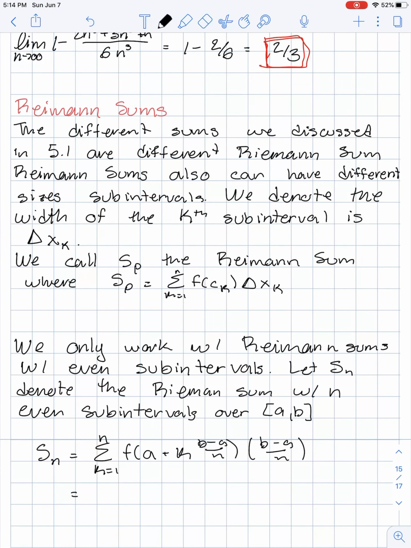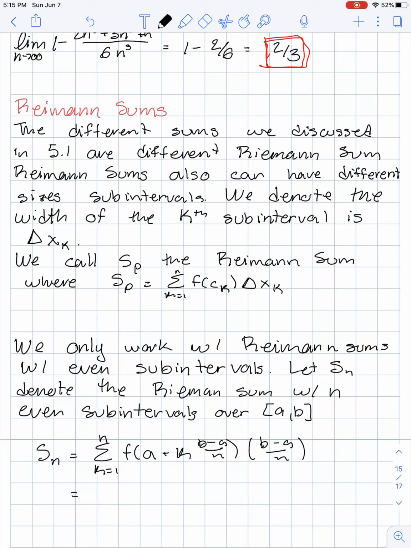Okay. So we can denote the different widths of each kth subinterval as delta x sub k. So we call S of p the Riemann sum, where S of p equals the sum of the function value over that subinterval. Remember, c sub k was just some value in that subinterval, and delta x sub k is that subinterval's width.